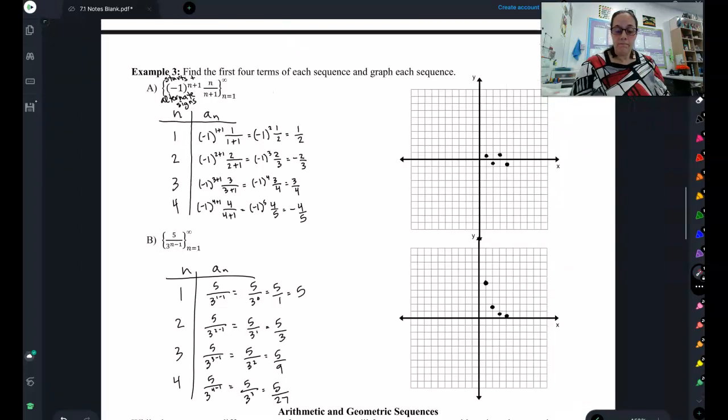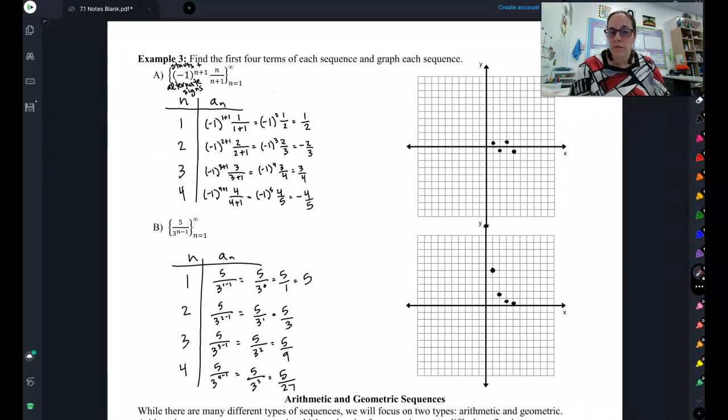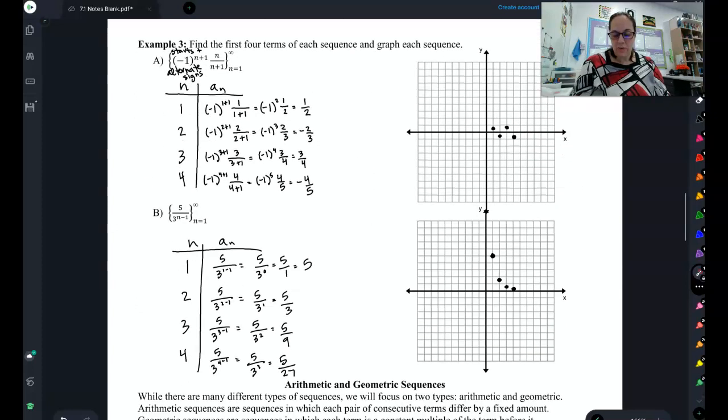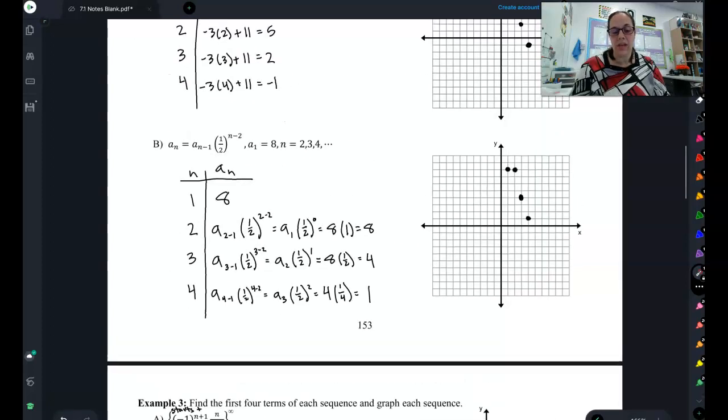Now, you may have noticed that 2 of these graphing sequences we did look a lot like graphs you've seen before. Mainly, this one looks like a linear straight line, and this one looks like an exponential curve. That is actually on purpose. Those 2 sequences have special names.